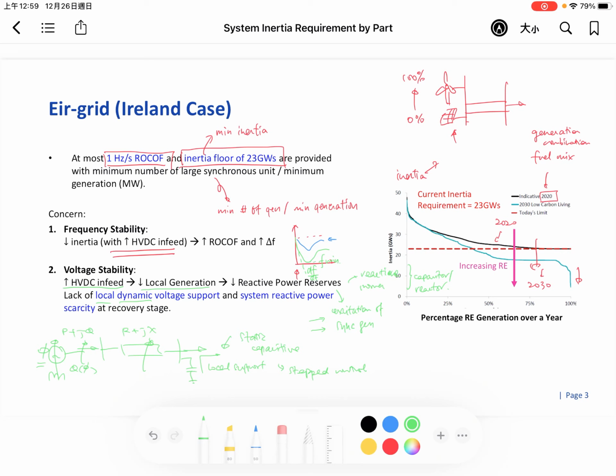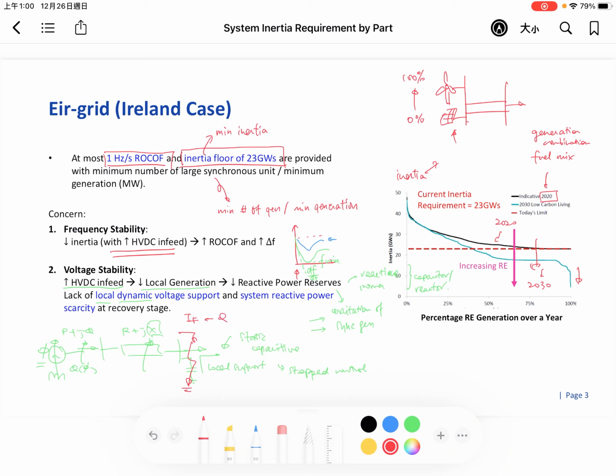So here is local dynamic voltage support and also system reactive power scarcity at the recovery stage, because once there is a fault, we drain out some reactive power because of the fault. The fault point always draws reactive power from the fault current because the system is highly reactive. So if there is a fault, the power drained out is mainly reactive.